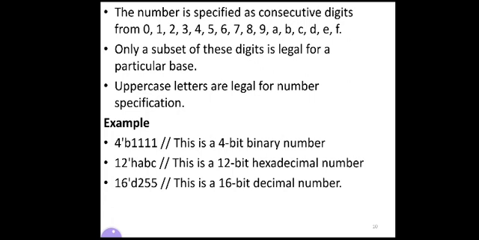If the base format is decimal, you have to use numbers between 0 to 9 only. If you are providing octal, then numbers between 0 to 7 only. And if you are using a hexadecimal number, then it is from 0 to 9 and A to F. That's why only a subset of these digits is legal for that particular base.